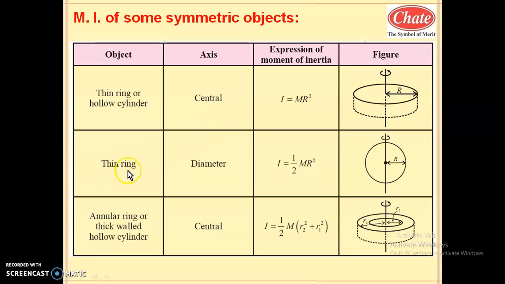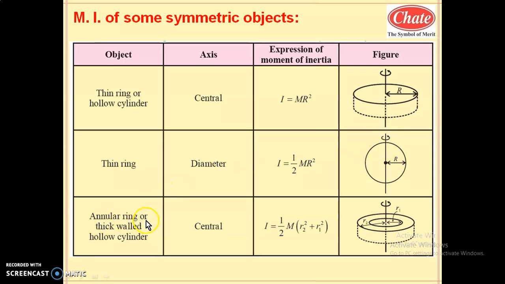Now for the thin ring about the diameter, if it is a planar body, laminar body, what is the moment of inertia about the diameter? It is half of this, so that is mr square by 2. Here this is a diagram, the moment of inertia about the diameter of a thin ring. This is the case when the ring will rotate about the diameter axis.